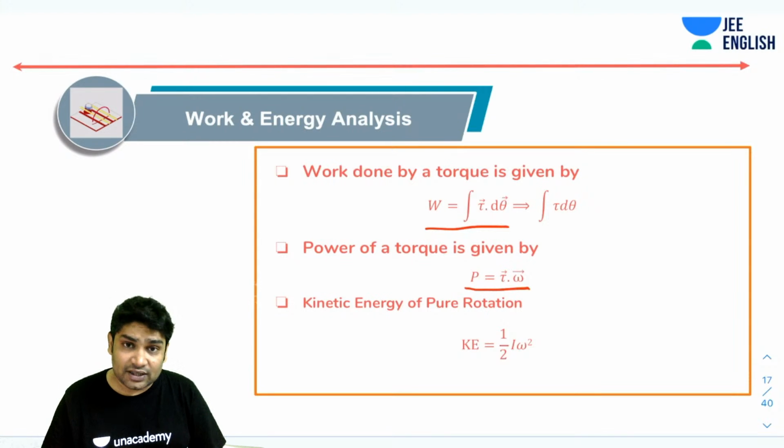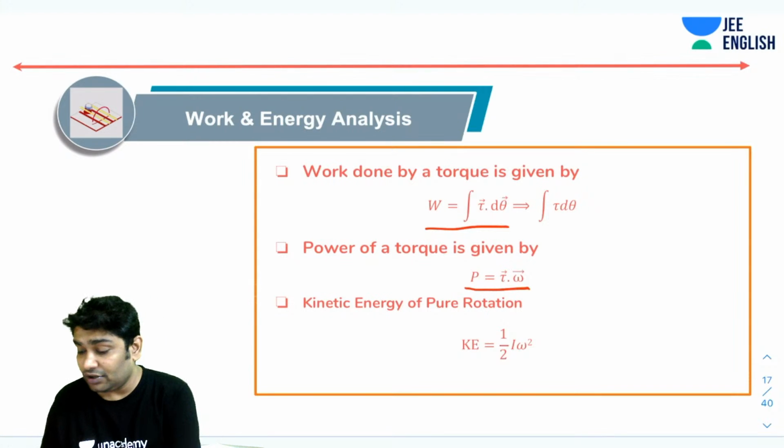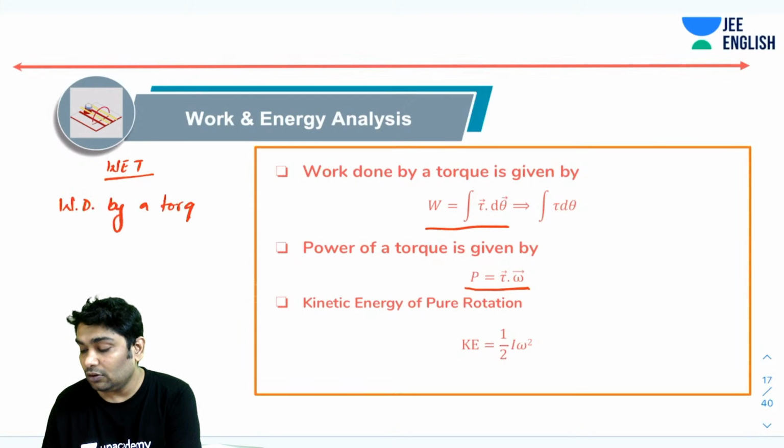Work energy theorem works exactly the same way. Okay, so work energy theorem remains unchanged. It would simply say that work done by a torque would be equal to change in kinetic energy of rotation.